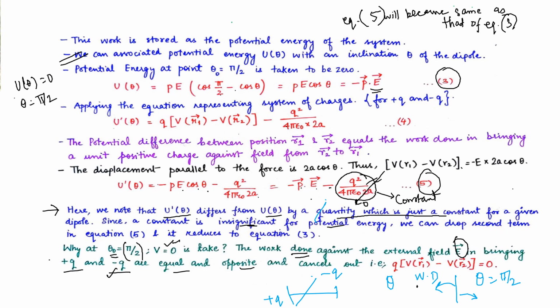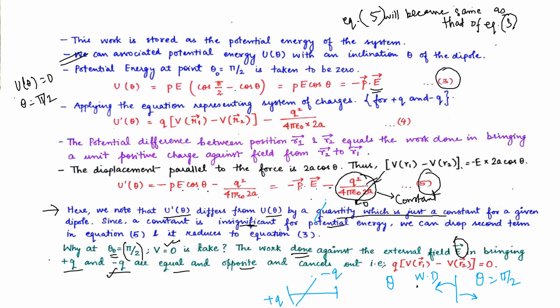Our dipole has all the freedom to move around at theta equals pi by 2. So the work done against the external field is equal and opposite, and because it is equal and opposite, it cancels out, giving us a value of 0. And wherever the potential is 0, there is no need to produce any work. There will be no stored potential energy also. So that is the concept here.